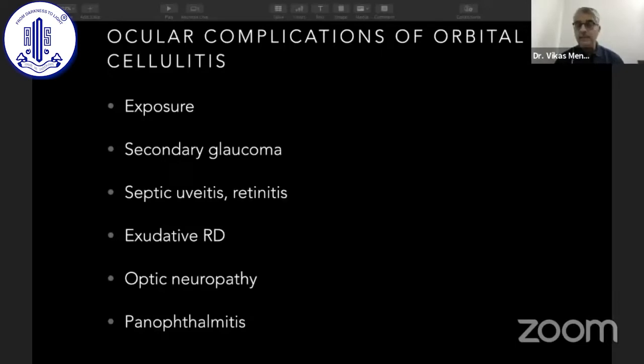There can be optic neuropathy caused by direct pressure effect of the proptosis and the surrounding edematous tissues, or it can be an ischemia of the optic nerve, which leads to optic neuropathy. And it can even lead to panophthalmitis. If you see a patient of panophthalmitis and then you get a CT and you see there is fat sticking in the orbit sometimes. So it can be a concurrent thing.